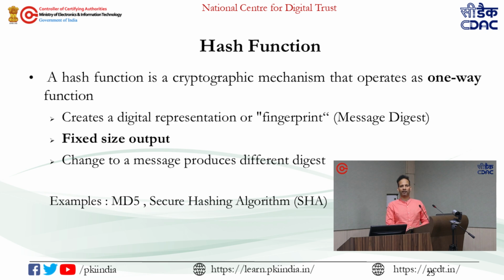And the output of a hash function is fixed. So for example, if I use the MD5 algorithm, the output will be 128 bits in size, irrespective of how long my message is. Whether I write 'I am at Cotton University' or a history of being at Cotton University, the output of the hash function will be the same, 128-bit. And second, if I make even a small change to the message, for example, I add a dot or a space, the message digest will be totally different.